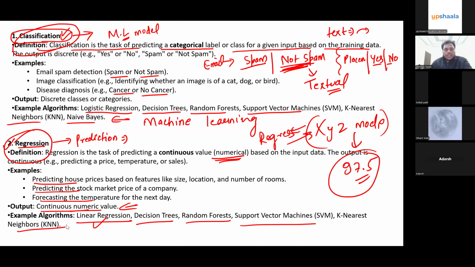These two terms are very important because these are the two main things machine learning models do: they either classify or predict. There is one more, which we will discuss later.